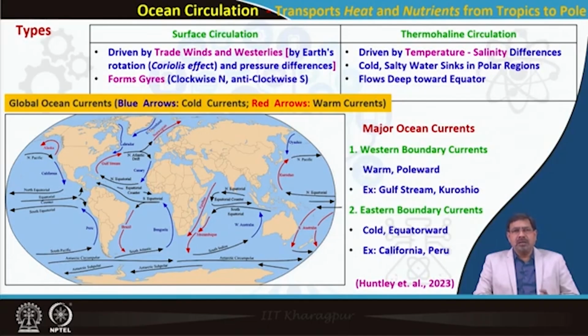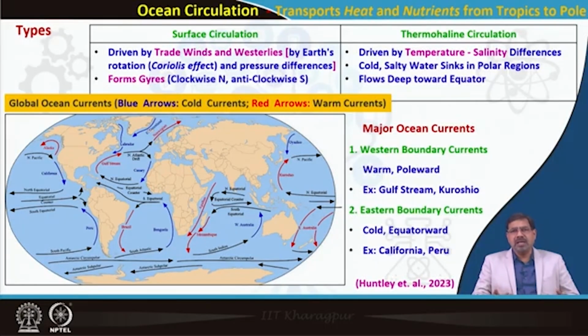So, the surface circulation is mostly driven by the trade winds and the westerlies, which are in turn driven by the Earth's rotation and the pressure difference, and also in form of gyres. Gyres are rotating eddies that could be in either direction, clockwise or anti-clockwise.